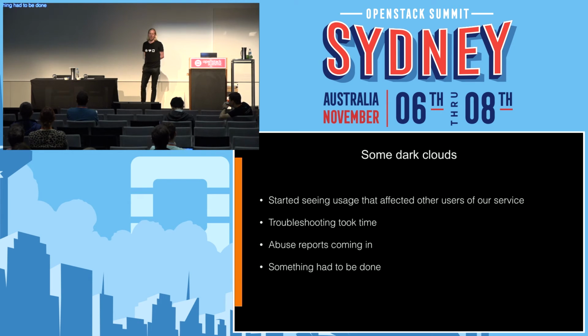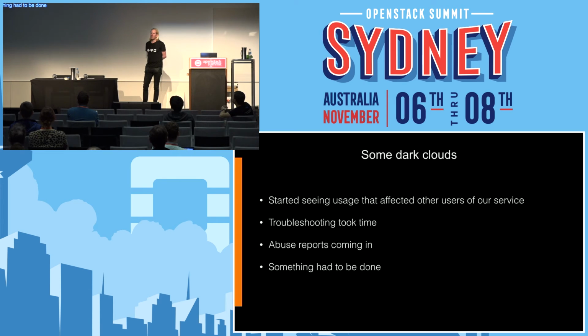We started seeing in some cases some usage that affected other users of our service. We also saw abuse reports coming in from other networks that our users were attacking other networks and stuff like that.